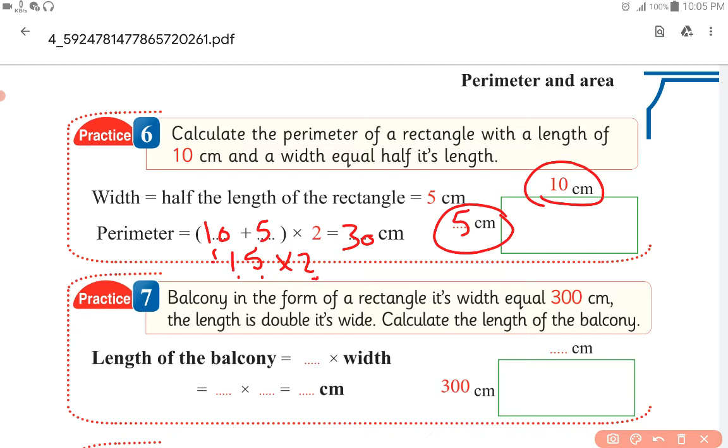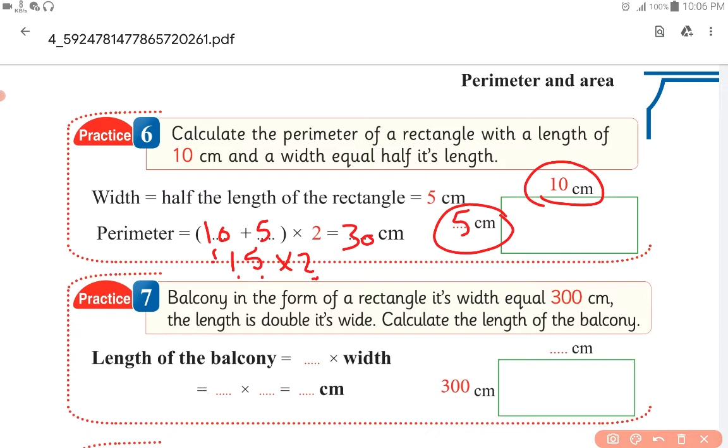السؤال اللي بعده بيقول لي balcony in the form of rectangle its width equal 300 centimeter. The length is double its width. Calculate the length of the balcony.